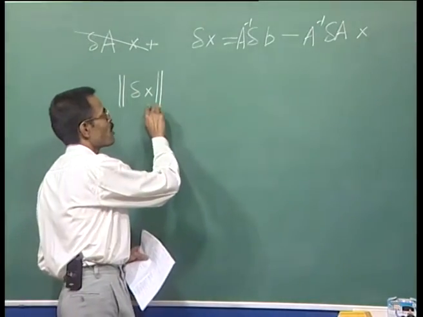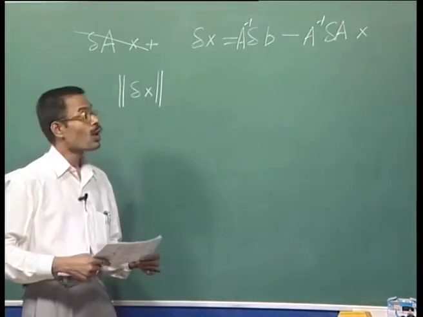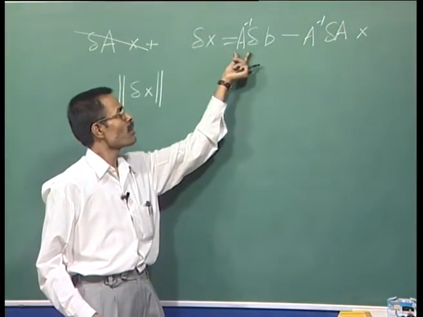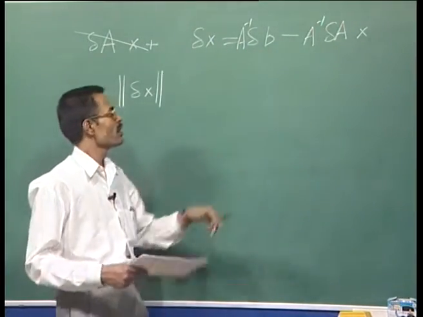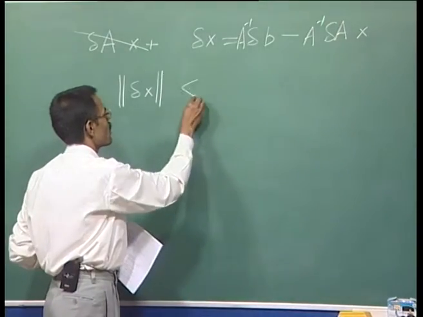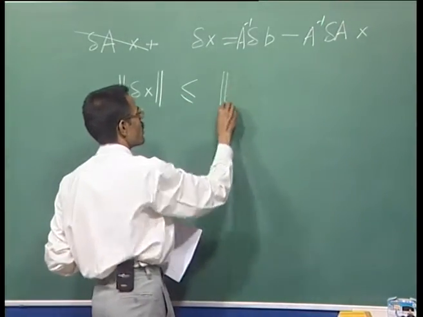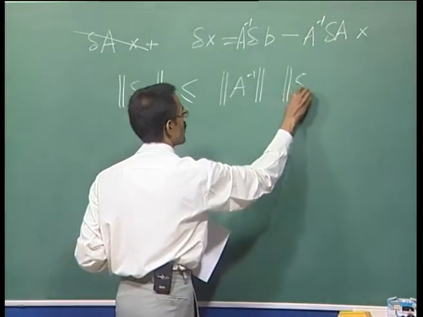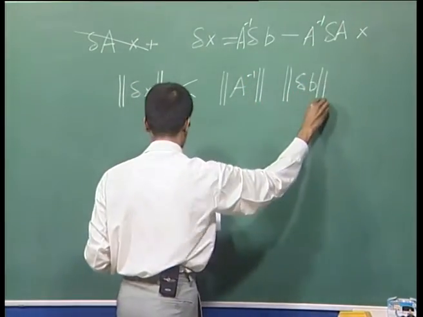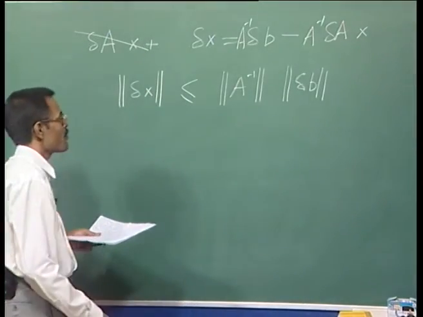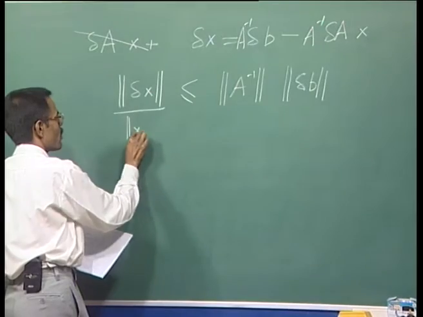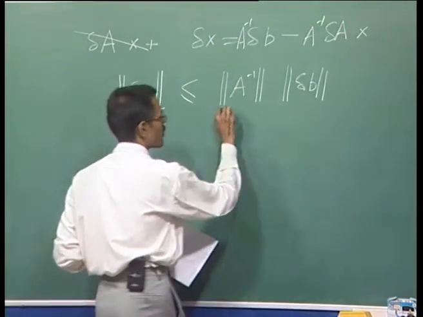So, delta x norm. Now, we know that norm of this will be less than equal to norm of this into norm of this, right. So, this will be less than equal to the product of the norms, right. Now, both sides we can divide by this.